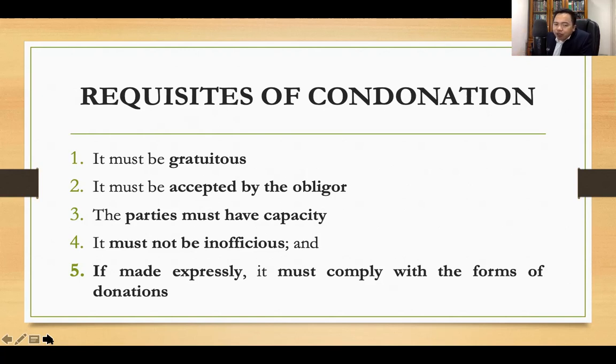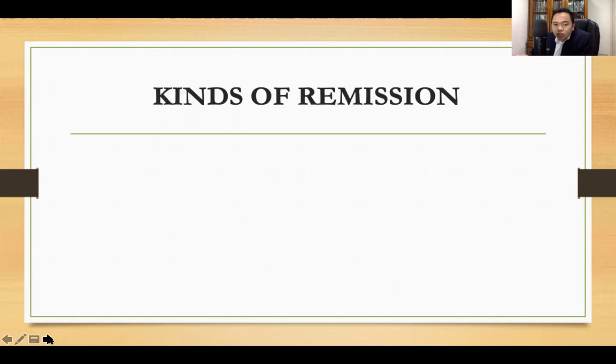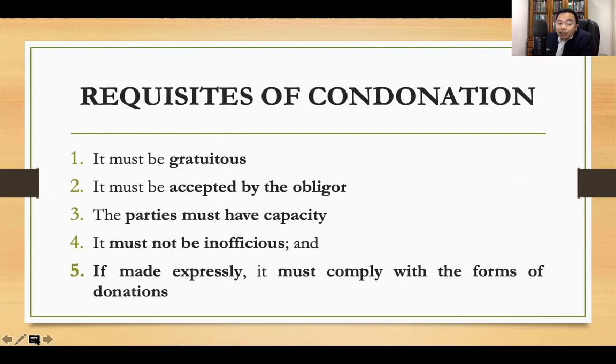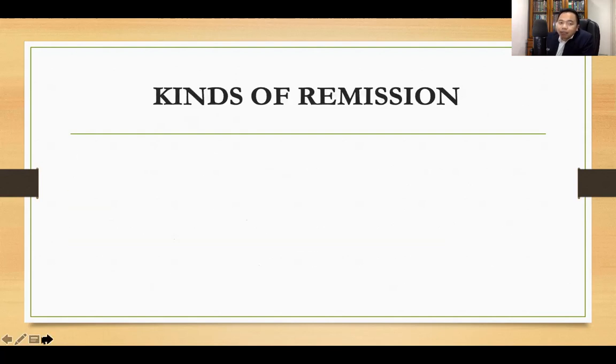So it is as if the creditor is taking the person of the donor and the debtor as the donee. That is why under requirement number 5, if there is condonation, then you have to comply with the formalities required in a donation. Meaning, the debtor must accept the condonation.